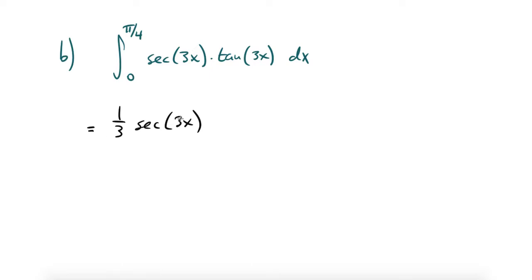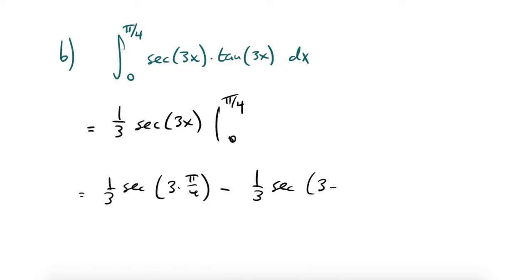So this is the antiderivative, and I'm going to be evaluating it from 0 to pi/4, right? So then this is going to be 1/3 secant of 3 times pi/4 minus 1/3 secant of 3 times 0, right? I'm just plugging in for x in both of these places, taking their difference.